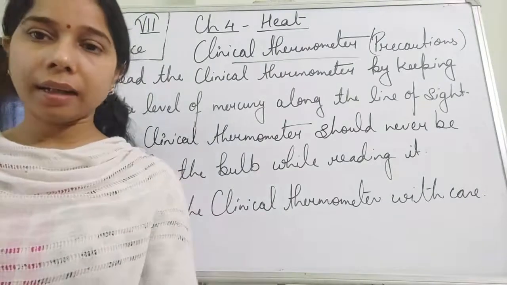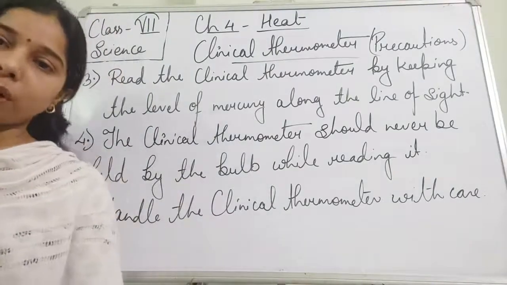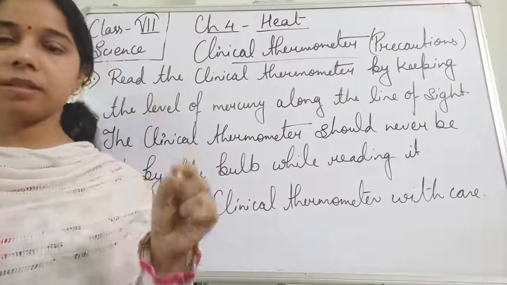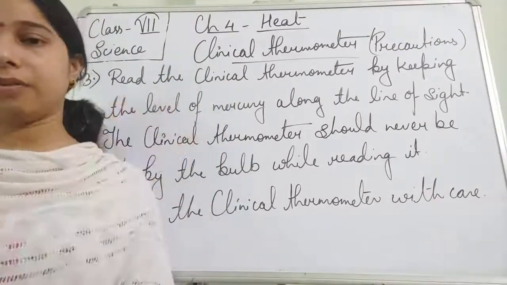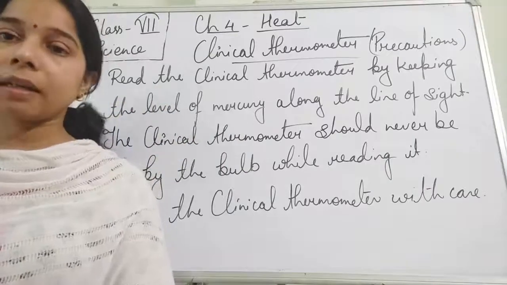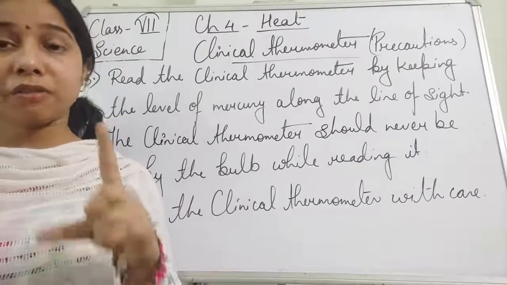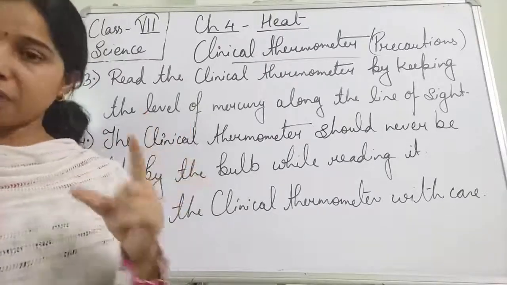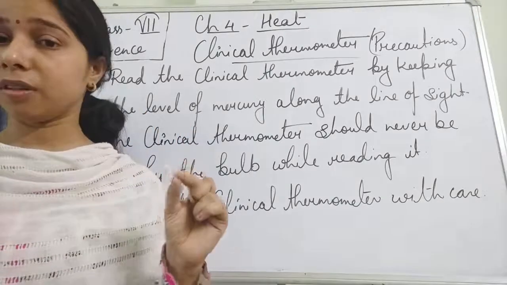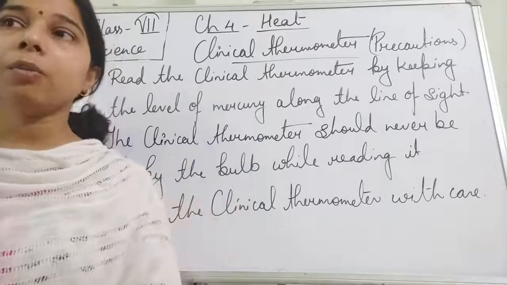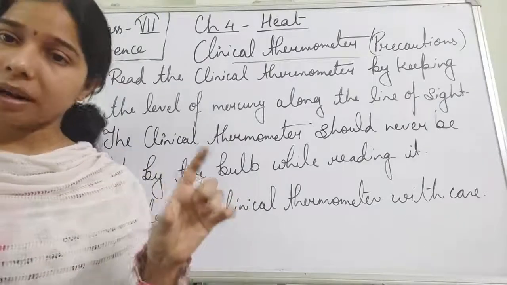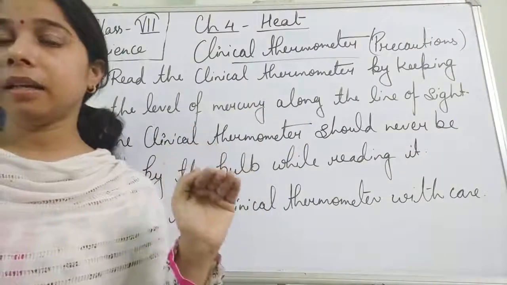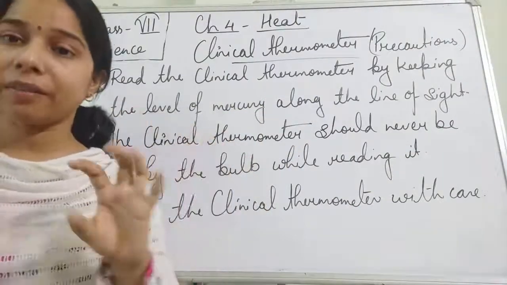Now when you look at the clinical thermometer, you will find that between two degrees, say 37 and 38 degrees, the difference is marked properly, and that represents a difference of 1 degree. But you will find that between 37 and 38 degrees, there are 10 small divisions.